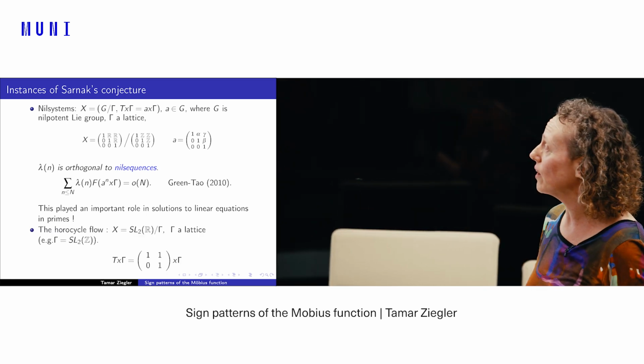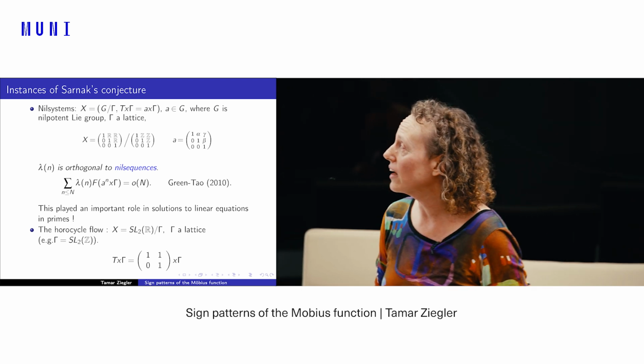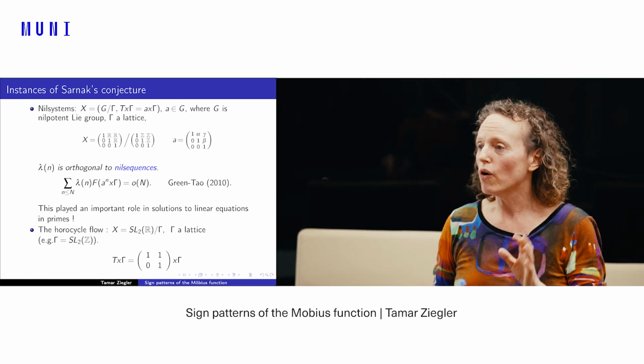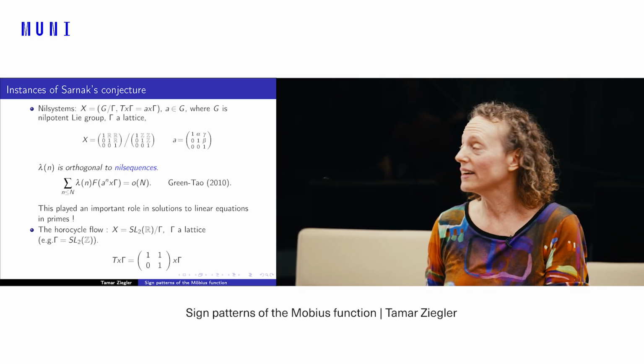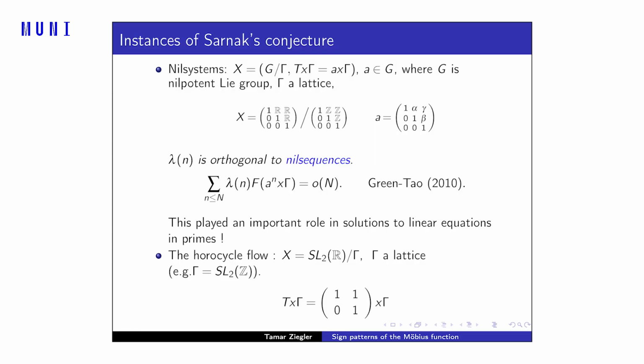So the last example I want to give is that of the horocycle flow. Horocycle flow is another important dynamical system. You take SL2R, the 2 by 2 matrices with determinant 1, and you take some lattice, say SL2Z. It's not compact, but you act by the matrix 1, 1, 0, 1. So you shift by this matrix, and you look at the orbit of a point in this system.